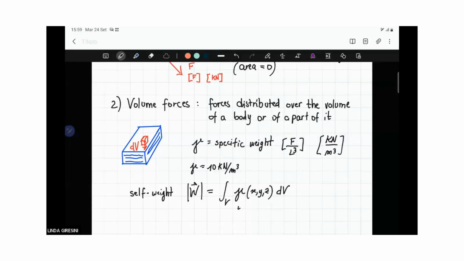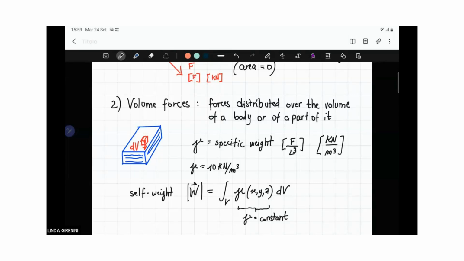So if gamma is constant, so it doesn't change, for all the book is the same. Suppose you are able to take a small cube from the book and weigh it to see the weight, so you can get the specific weight. And it will be different for many parts.